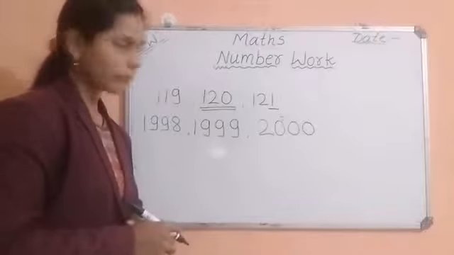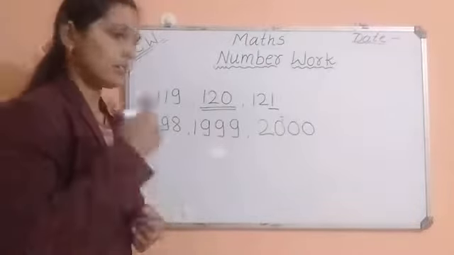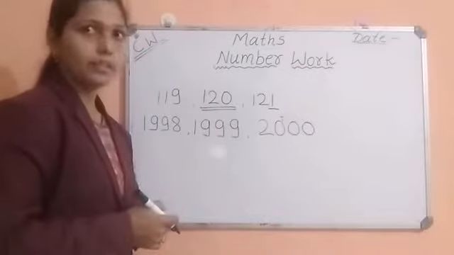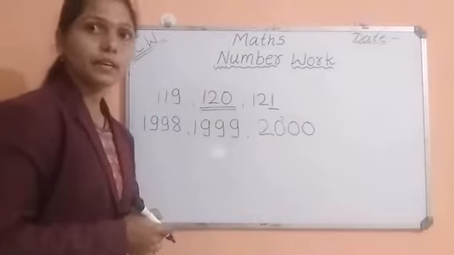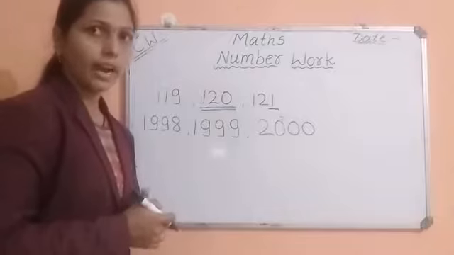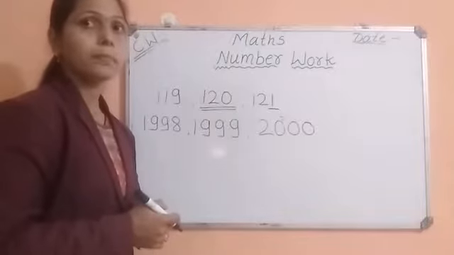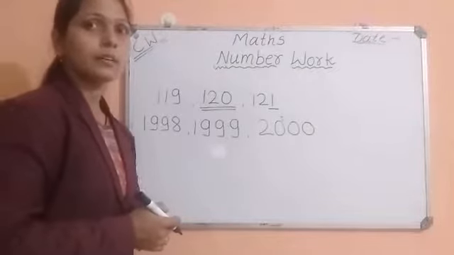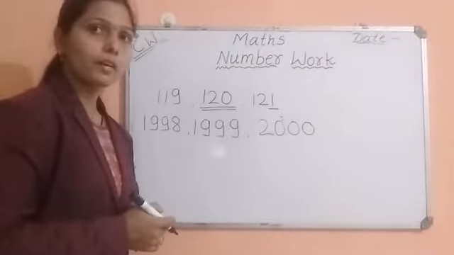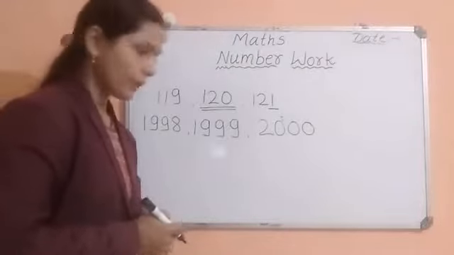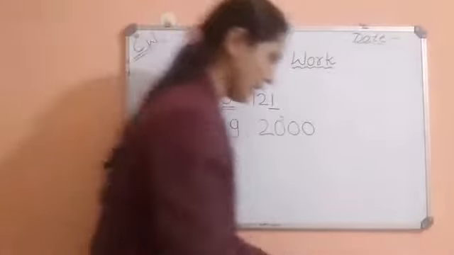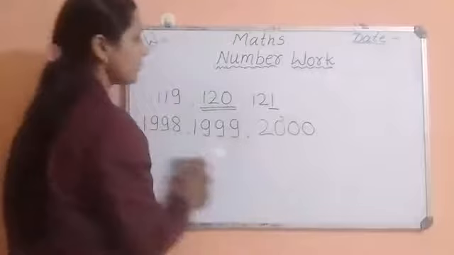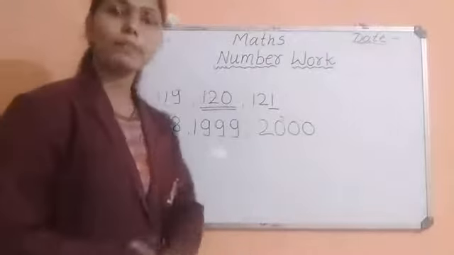The number just after any number is bigger by 1, and the number just before any number is smaller by 1. So let's start with the help of examples. Bigger and smaller means what?